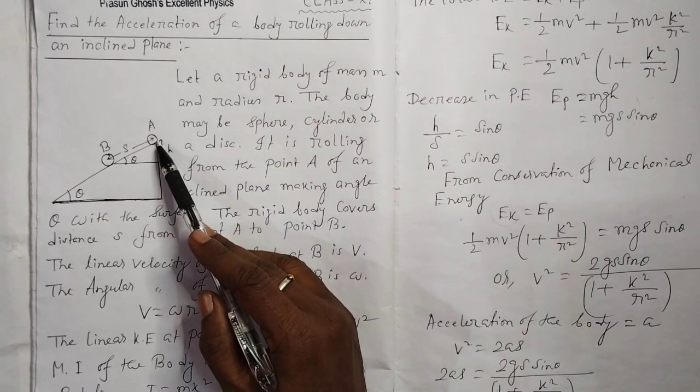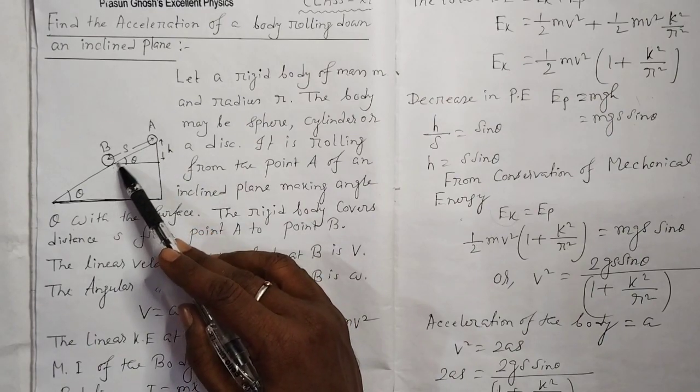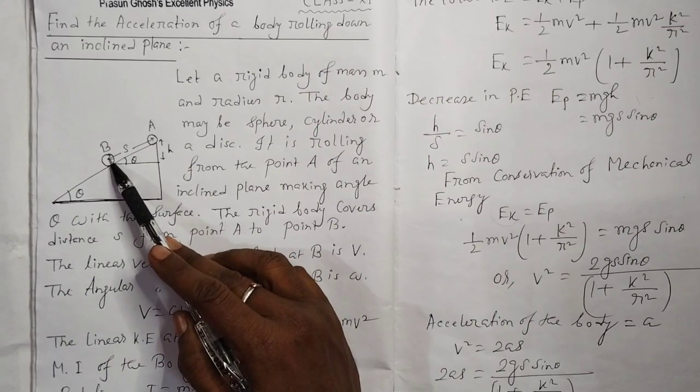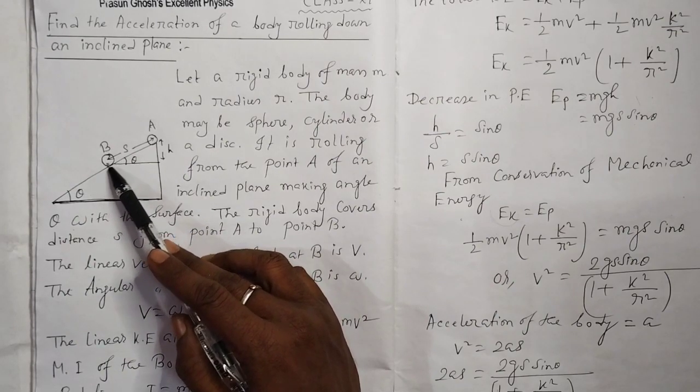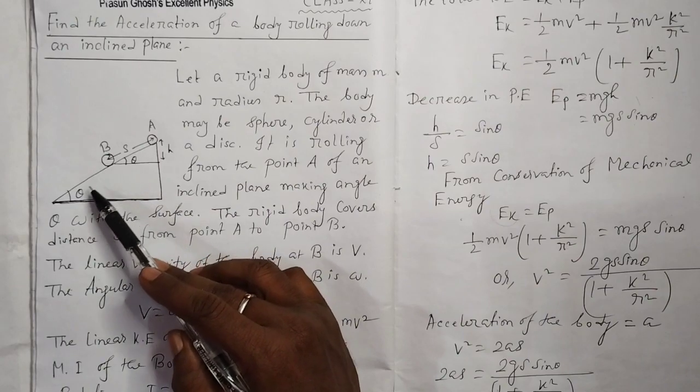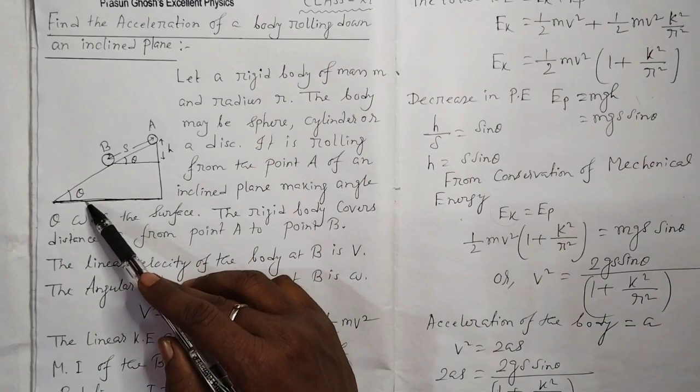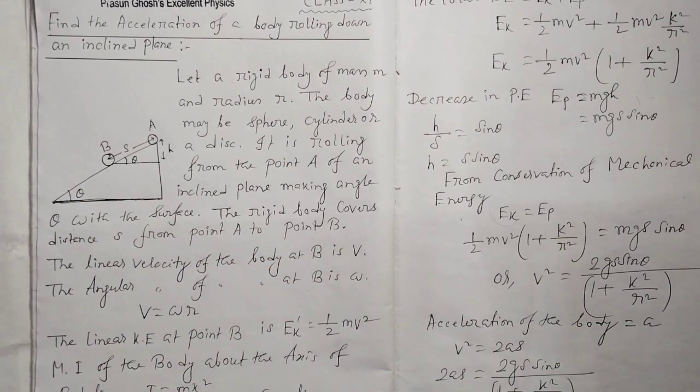The body is kept at point A, it comes to point B, covers distance s, and here the linear velocity v and angular velocity omega, and the inclined plane makes an angle theta with the surface.